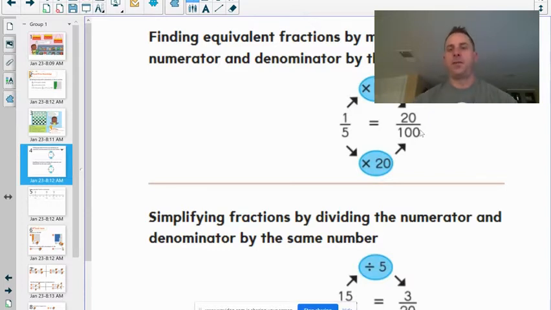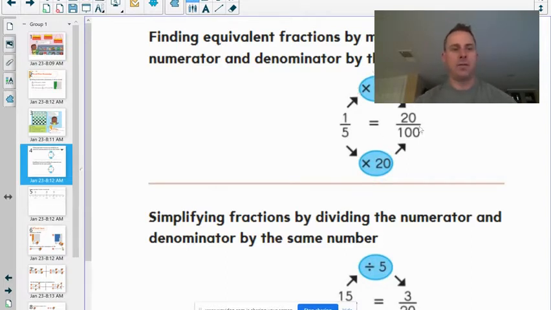So 1/5 is how many hundredths? Well, 5 goes into 100 20 times. So 5 times 20 is 100, and 1 times 20 is 20. So you've got to multiply your numerator and your denominator by the same number to convert that fraction.